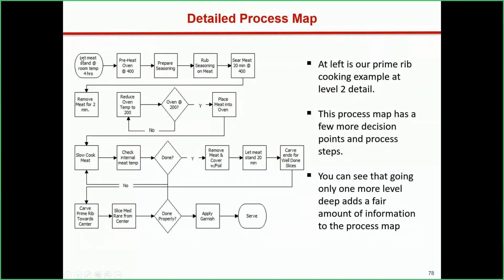We let the meat stand at room temperature for 4 hours, then preheat the oven to 400, prepare seasoning, rub seasoning on the meat, and so on. Just by adding one more level, the process map has become big, but it gives me much more insight into how the process actually works. This is how a detailed process map is prepared.